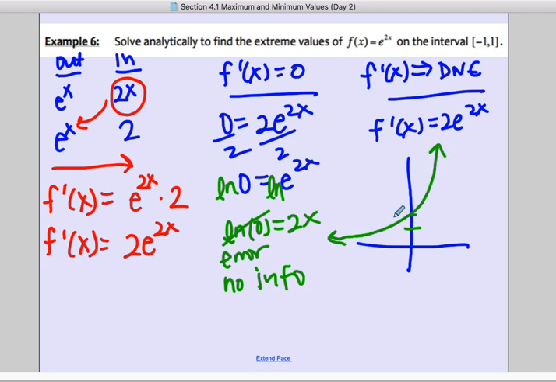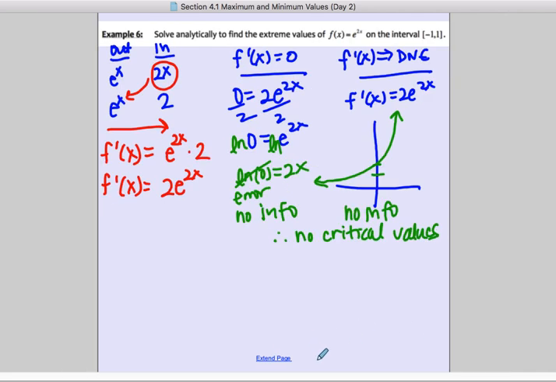So, is there any problems with this? Any corners, any cusps, any discontinuities, any vertical tangents? No. So since that is true, once again, this gives us no info. So therefore, there's no critical values, we just need to test our endpoints.